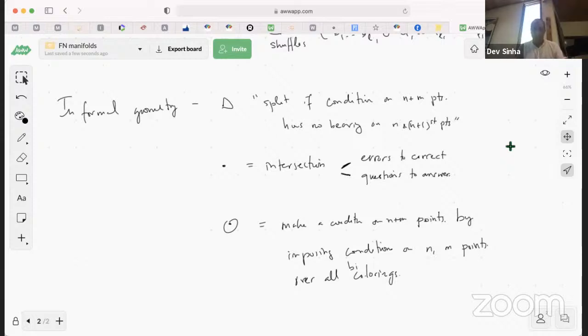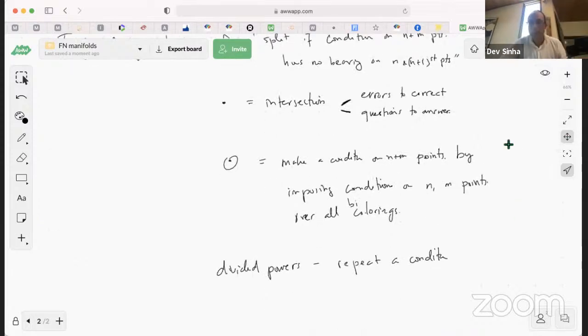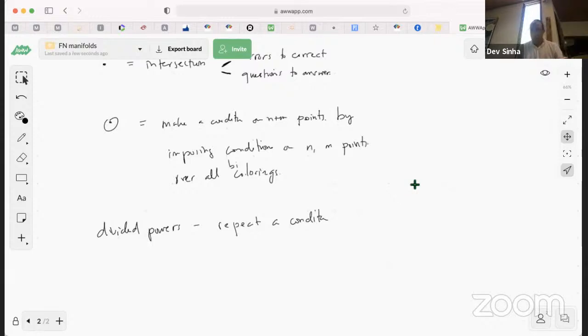And then finally, the divided power operation is repeat a condition. So let's recall that 1 transfer 1 is 2, 1, 0, 1, if you will. So 1 divided power 2 is this key class 1, 0, 1.